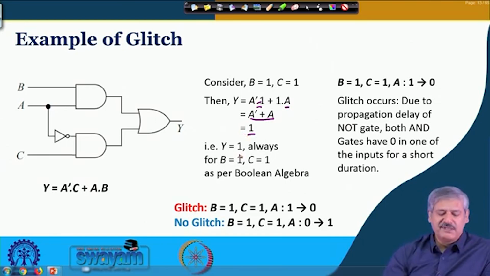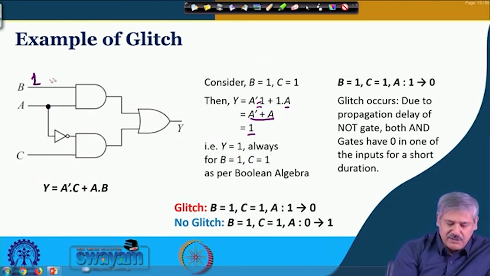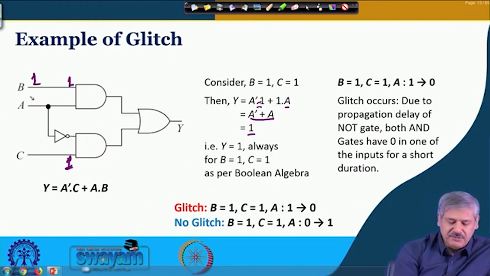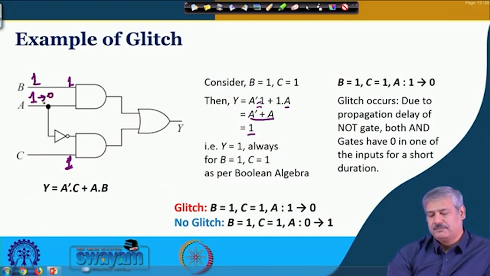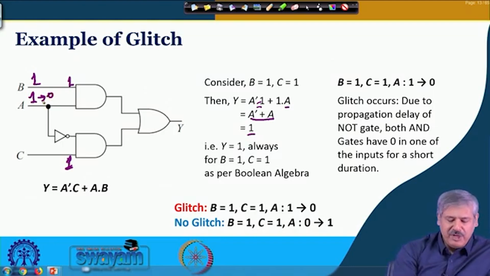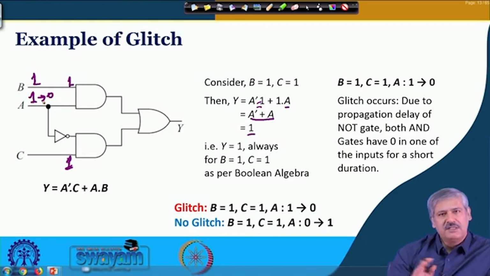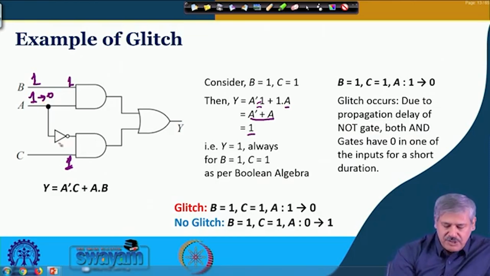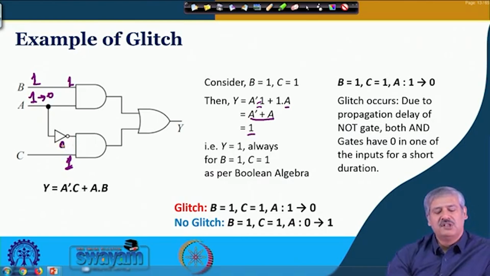Now, you consider that B is at 1, C is at 1, right, and A goes from 1 to 0. So, when A was 1 in the stable condition before this change takes place, this NOT gate output was 0, right.